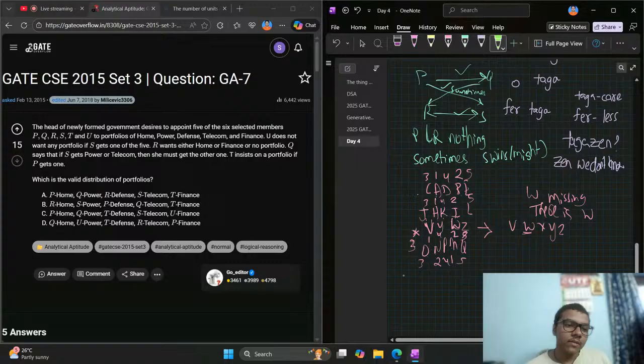Logical inferences. U does not want any portfolio if S is there, no U. R wants finance or home only.